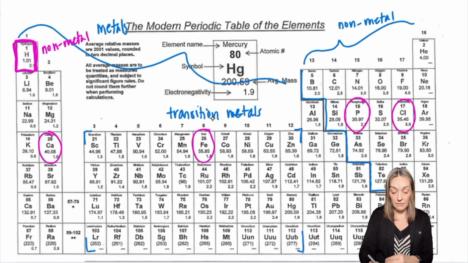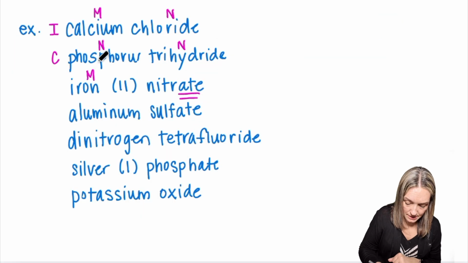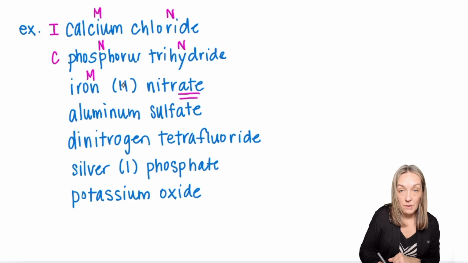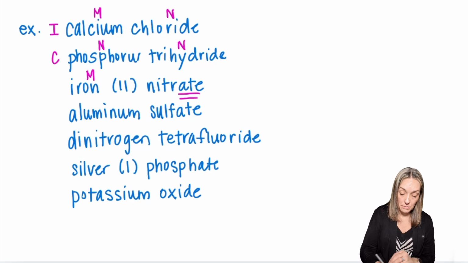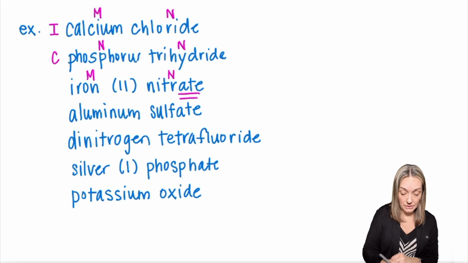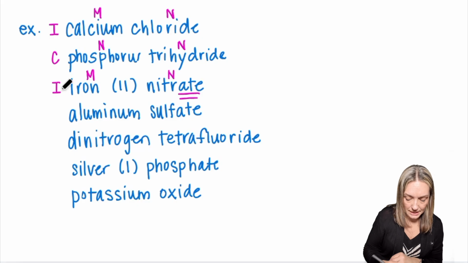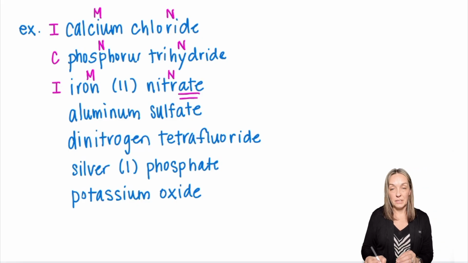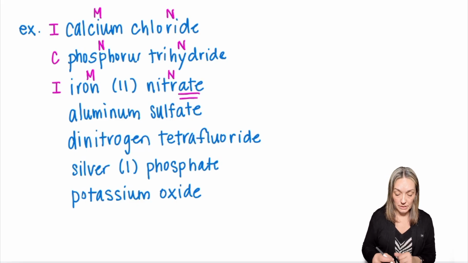What we're going to notice is that every time we have a transition metal, we are going to need a Roman numeral to indicate the charge of the transition metal. Iron is a metal. Remember that Roman numeral is an important part of an ionic formula, and then nitrate is made of all nonmetals. As soon as you see you have a polyatomic ion in your formula, you know that it is going to be an ionic compound as well. I'm going to continue identifying if the rest of these are metals or nonmetals.